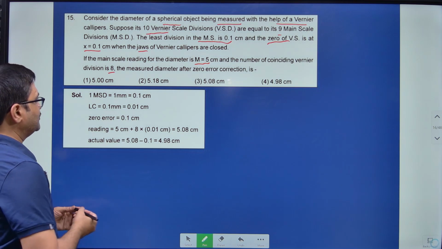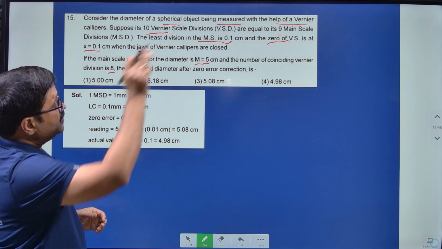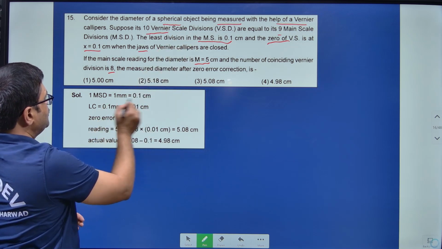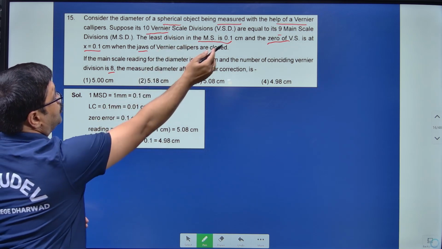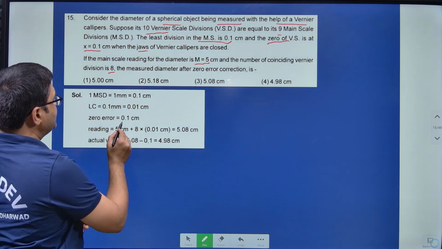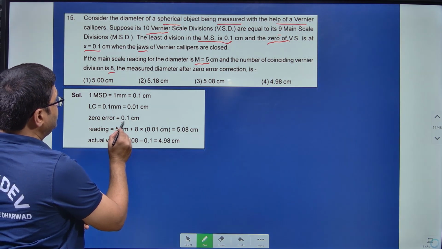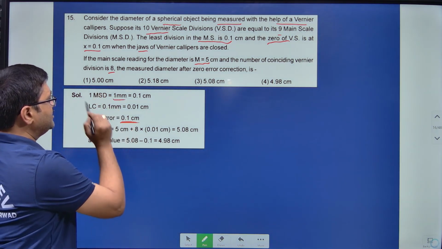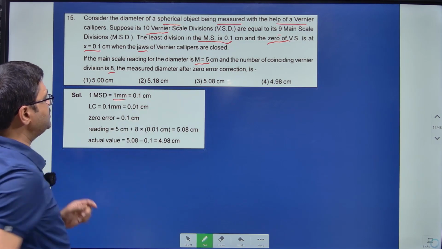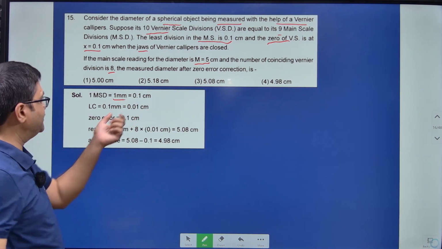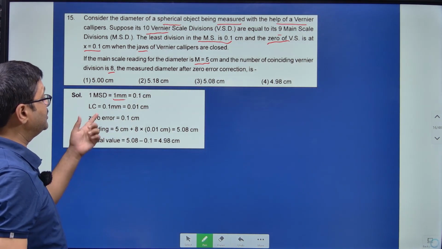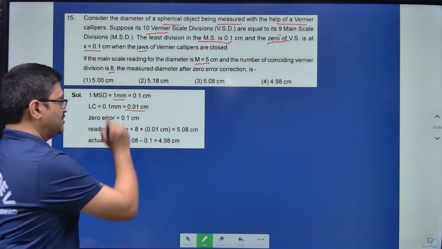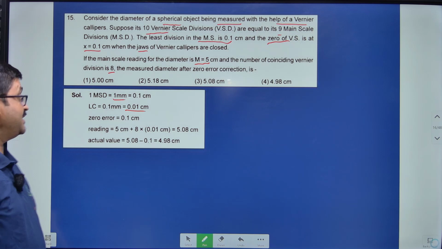Now, in this case, according to the given data, the least division on the main scale is how much? 0.1 centimeter. This happens to be 1 MSD is 1 millimeter, which is 0.1 centimeter. Then the least count should be 0.1 millimeter, which is 0.01 centimeter.